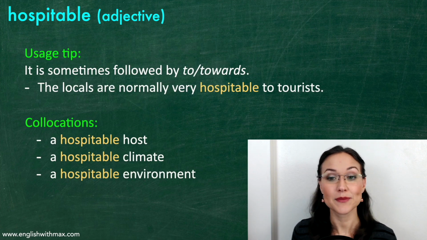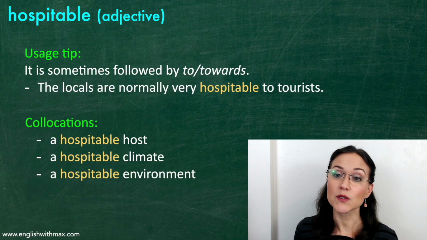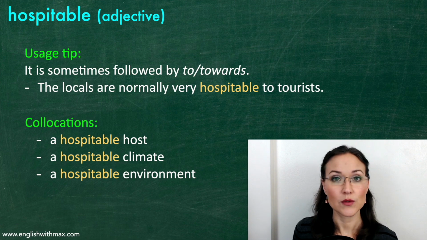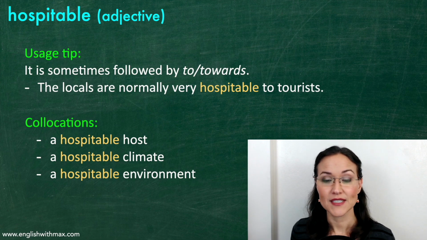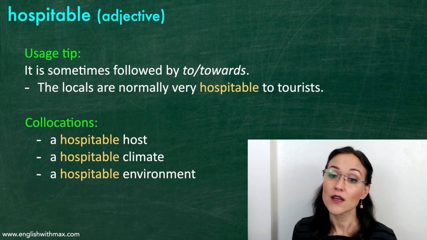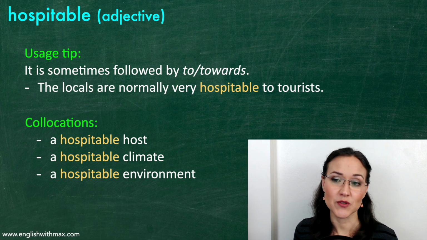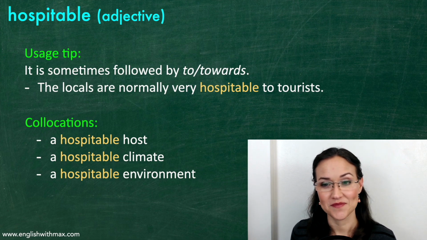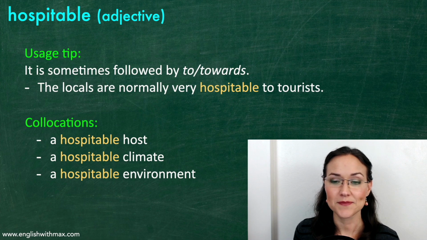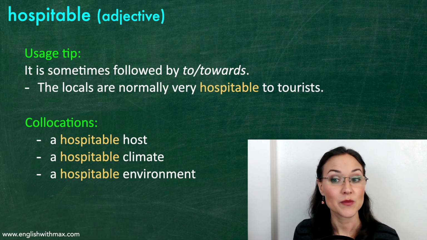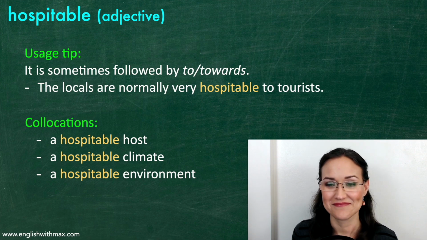A little usage tip. It is sometimes followed by to or towards. For example, the locals are normally very hospitable to tourists. And now a few collocations. We have a hospitable host, so that's a person.